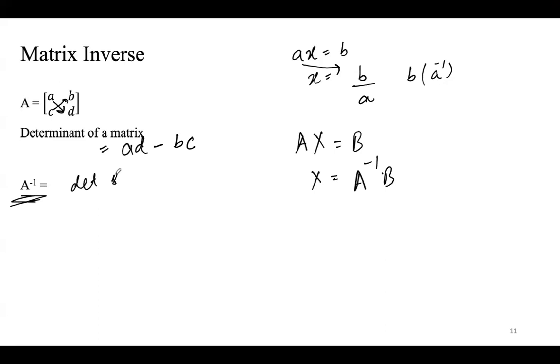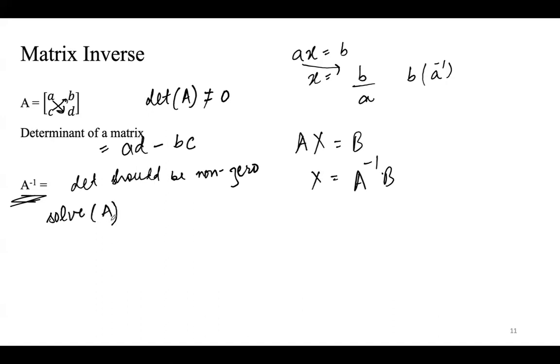So the determinant should be non-zero, or a better way to write that is det of A is not equal to 0. If this condition is satisfied, then you can calculate the inverse. And there is a simple command in R to calculate the inverse, and that's simply solve A. That's it. That's the command.